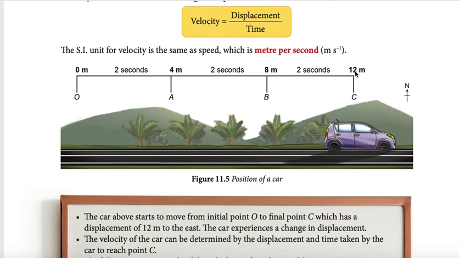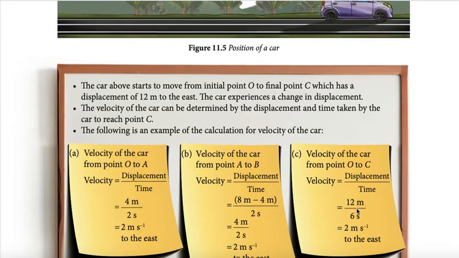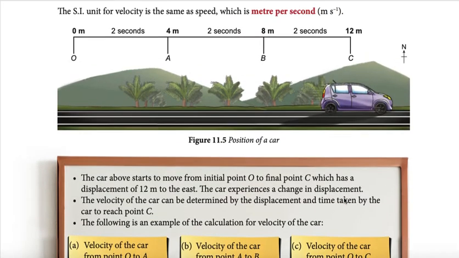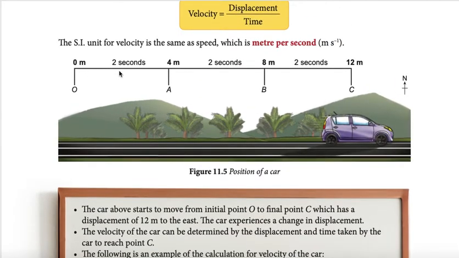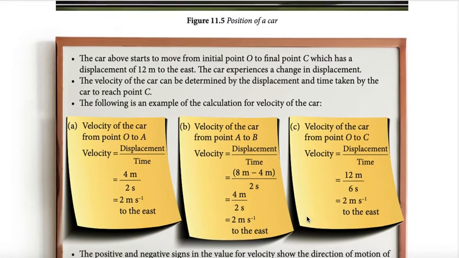Therefore, if we minus the 12 meter with 0 meter, we will still get 12 meter. Okay, so the time taken here will be the overall time taken. Okay, the 2 seconds you plus with this 2 seconds and another 2 seconds, you will get all is 6 seconds. Therefore, the velocity from point O to C is equal to 2 meter per second to the east.